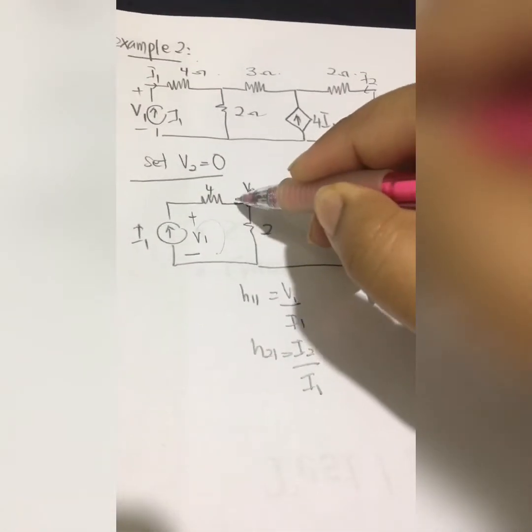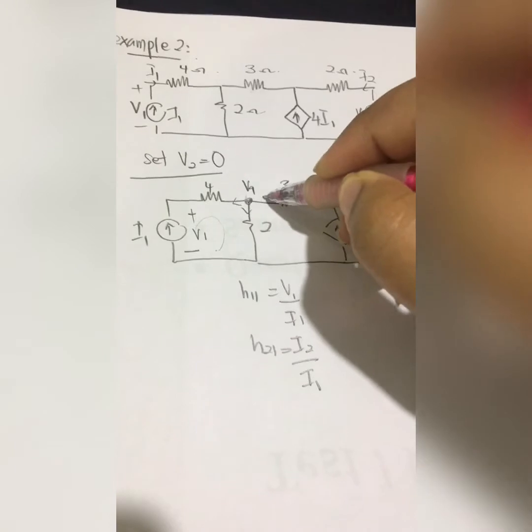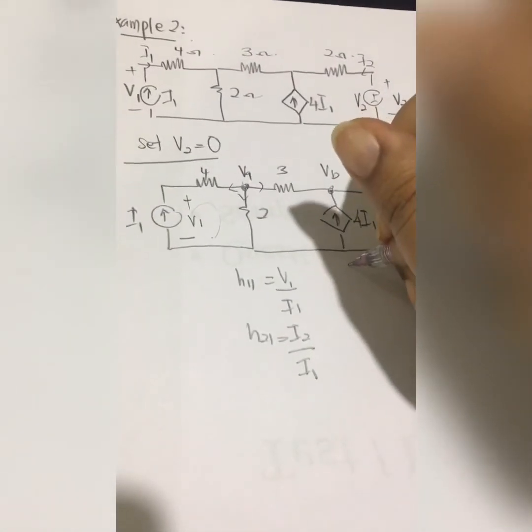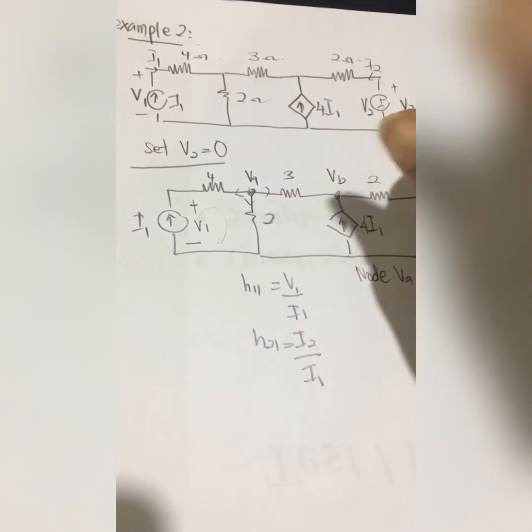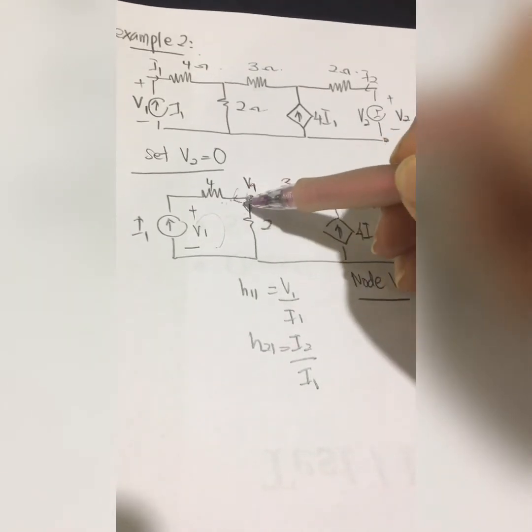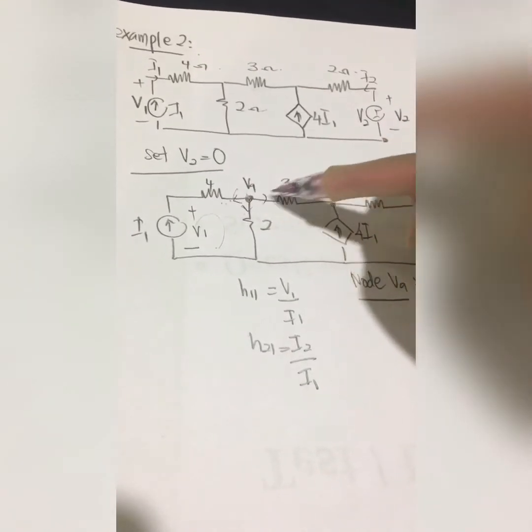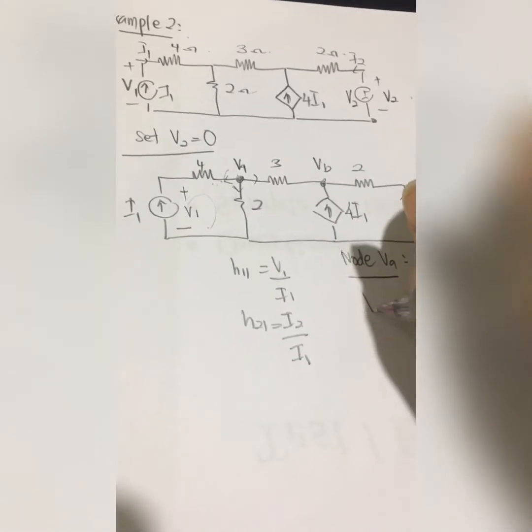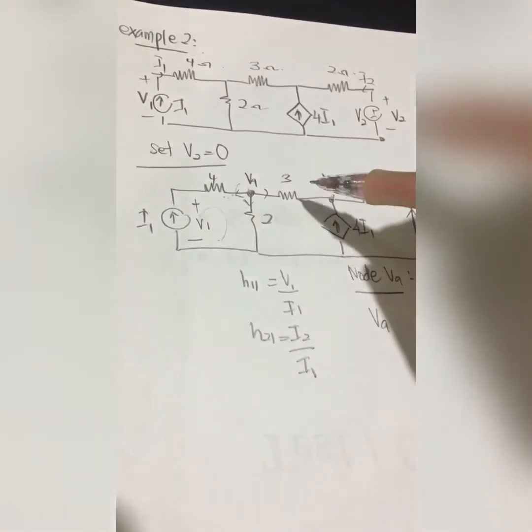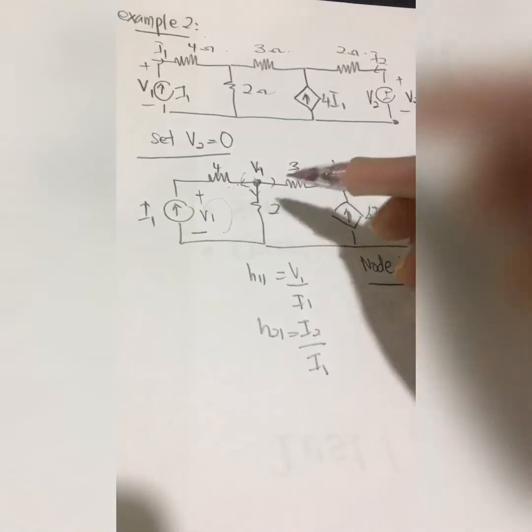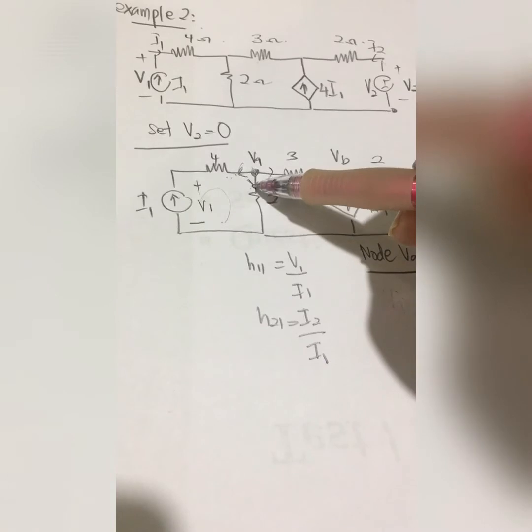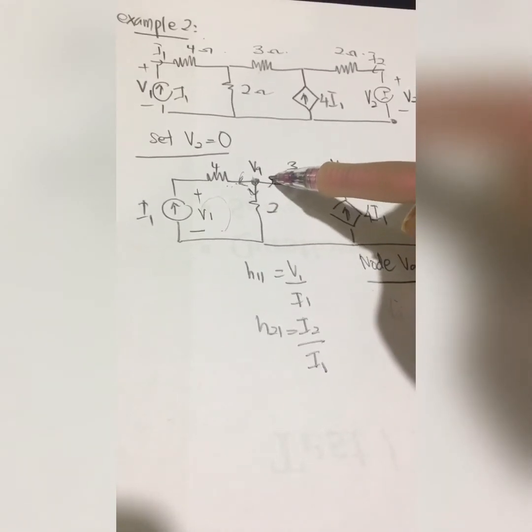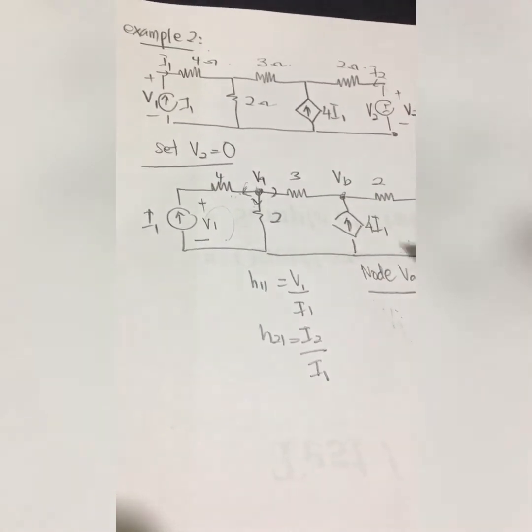To generate the equations, nodal uses the KCL concept, where we total up the current flowing out from this node equal to 0. So current flow here plus current flow at this branch plus current flow at this branch is equal to 0.